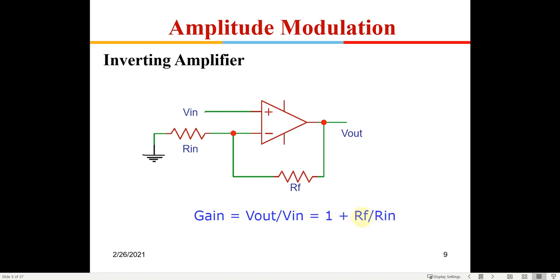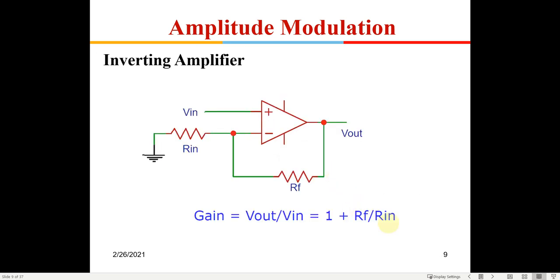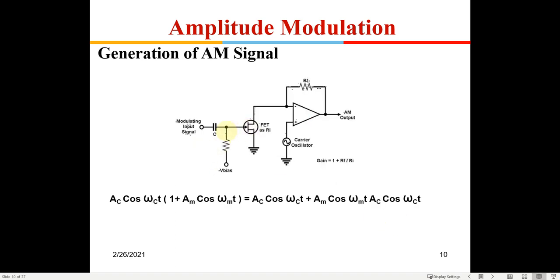Now if you try to generate an AM signal like this, wherein for Rin you are now using an FET and making Rin a function of the input signal, you are making Rin inversely proportional to the modulating signal.